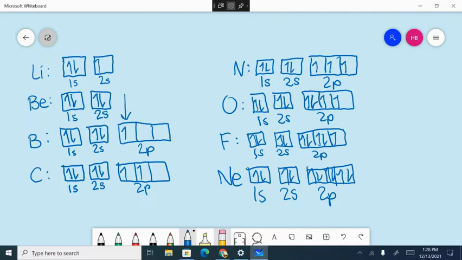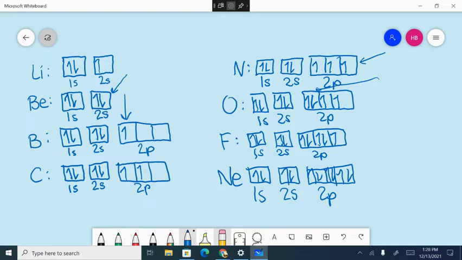This electron is going to come off a little bit easier than this one. And the reason for that is this singly occupied 2p sublevel takes less energy to pull that first lone electron off. You can also go here, and this is actually a more stable arrangement than this.